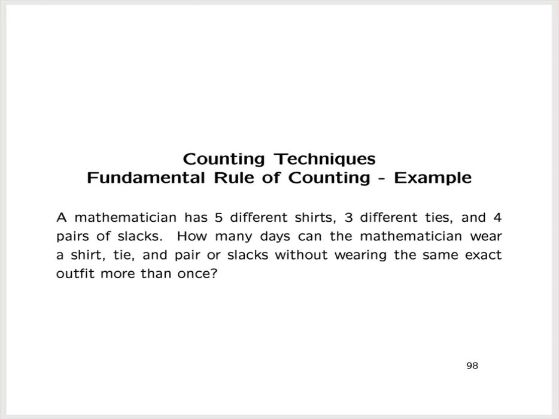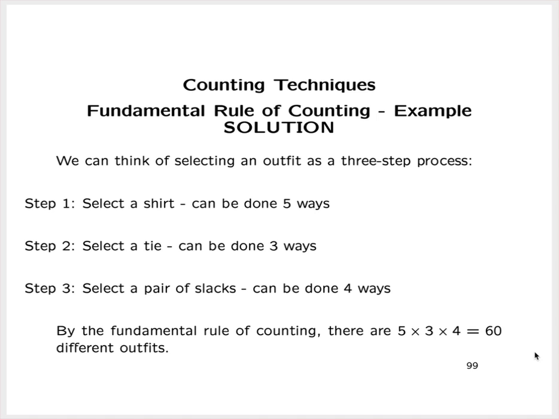So let's look at an example. All right, so let's suppose that a mathematician has 5 different shirts, 3 different ties, and 4 pairs of slacks. How many ways can the mathematician wear a shirt, tie, and pair of slacks without wearing the same exact outfit more than once? Now, we can think of putting together an outfit as a 3-step process.